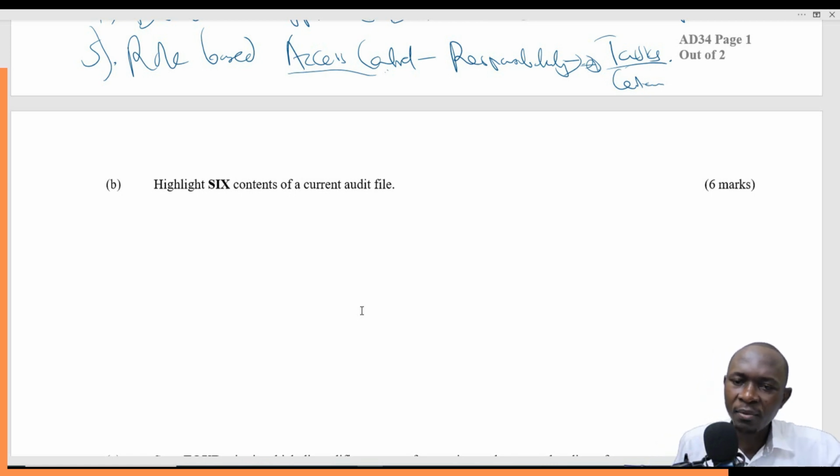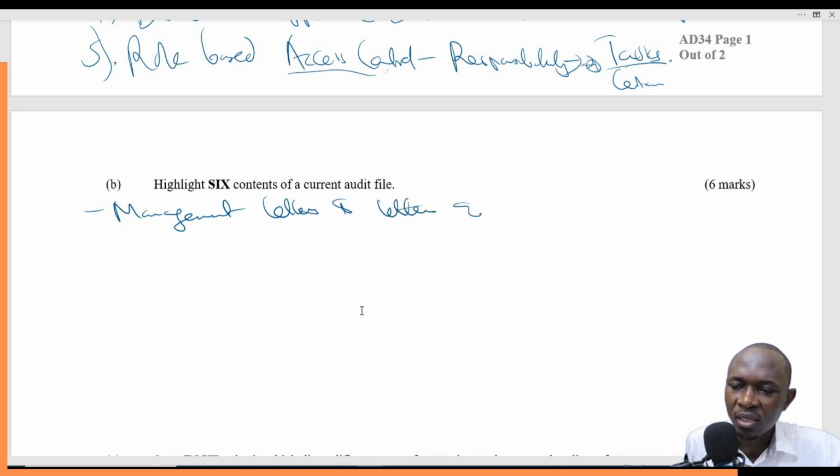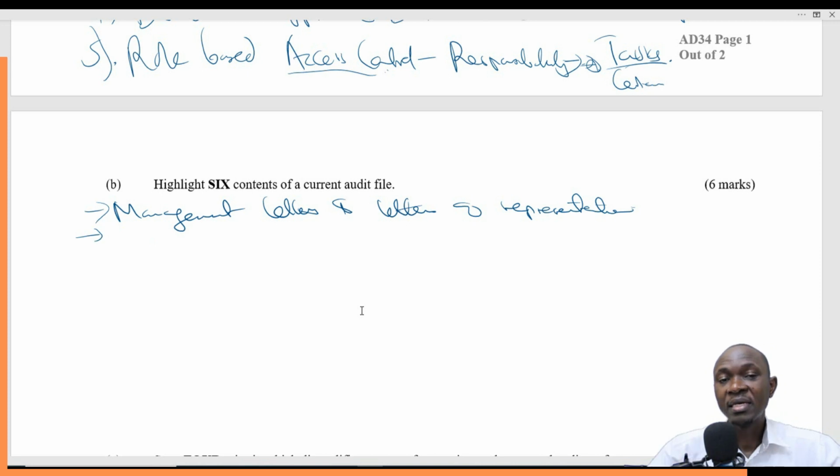Number one, we have what we call management letters and letters of representation. So these are the correspondences that we do with the manager or the managers for that particular year. In case we get any issues that we think management should be made aware of, we will write to them, and then they will also come back to us with whatever it is that they are planning to do.